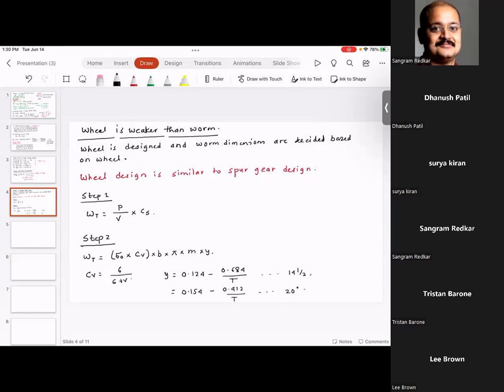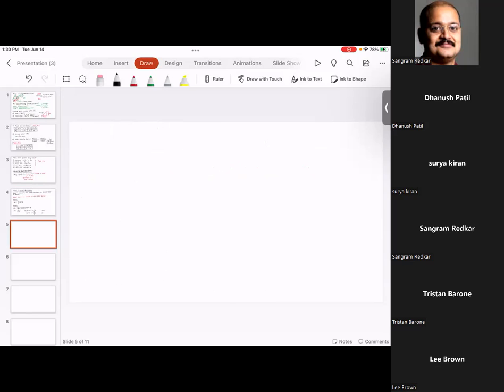Following next, step 3: determination of dynamic load. And it's very simple.